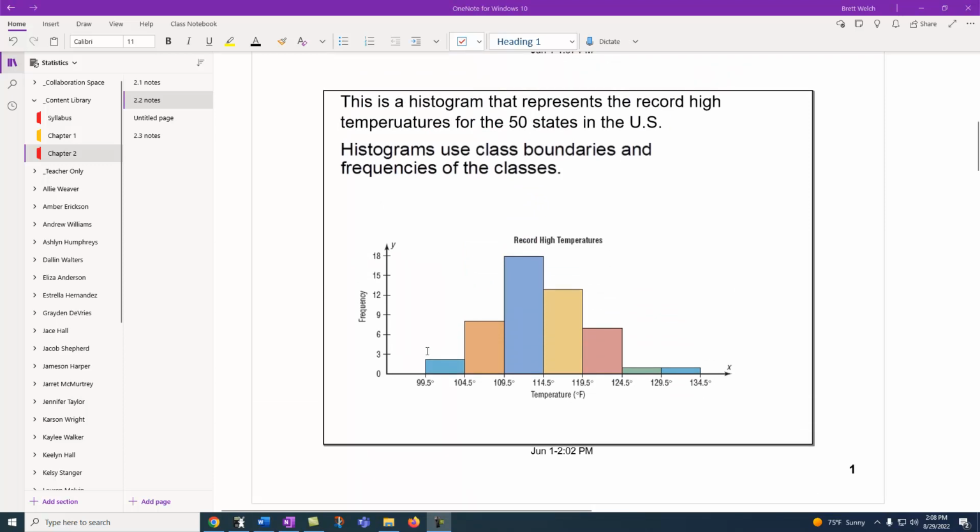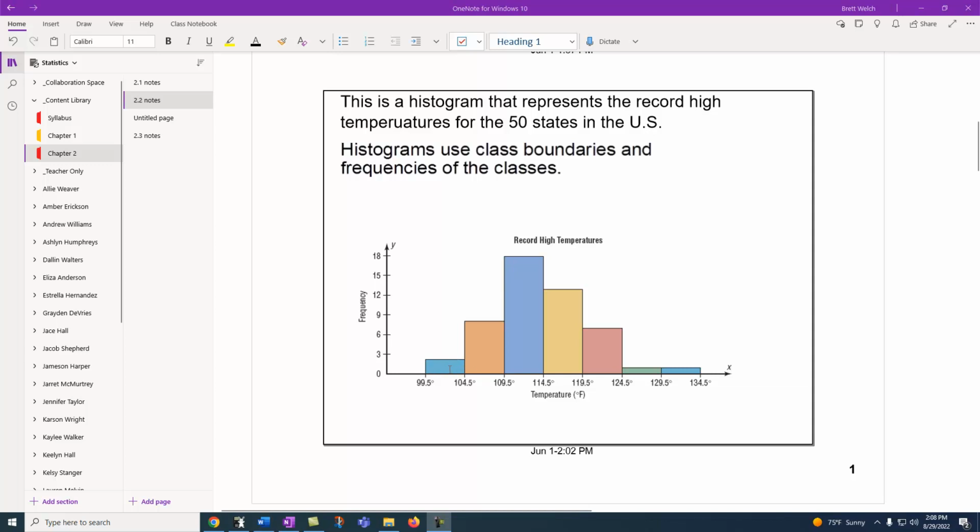We need to make sure when we label the bottom of a histogram that we're not using the lowest number in that set, but the class boundary, going half less and half more. So if we were going from 100 to 104, we're using 99.5 to 104.5.